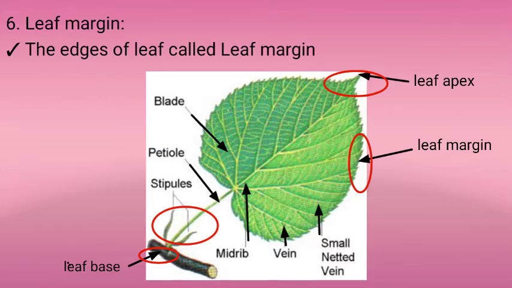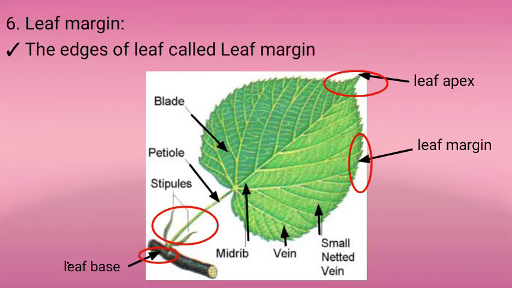Let's check the diagrammatic representation of leaf. See the basal part of leaf where it attaches at the nodal region of stem or stem branch is called leaf base. The leaf-like structures at leaf base are called stipules. The long, flexible, stalk-like structure is called petiole.